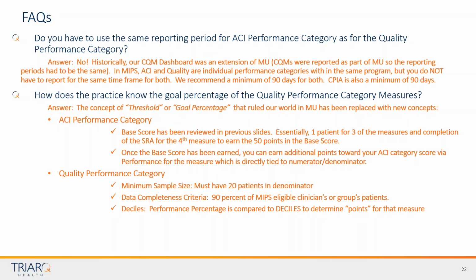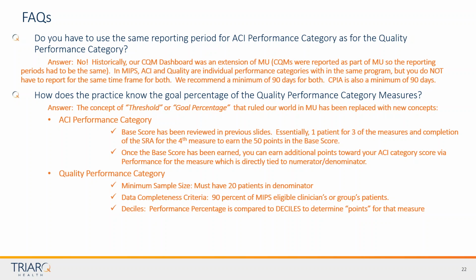The base score is those 4 measures, including the security risk analysis, and 1 patient for each of the e-prescribing, HIE, and provide patient access. That will get us our 50 base points. Once that base score has been earned, then you can earn your additional points via the performance category. And that's all tied directly to numerator and denominator.